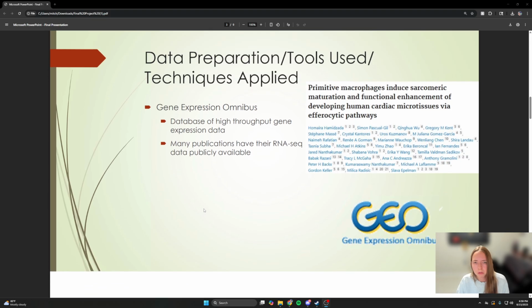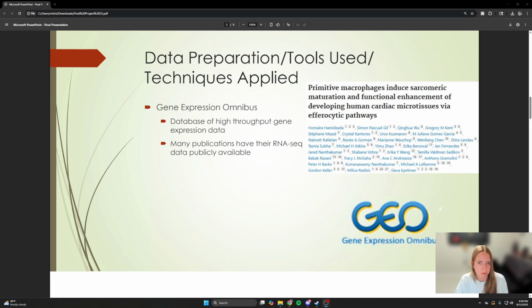So some of the tools used, first of all, there was a paper published that had publicly available RNA sequencing data, and it was all published on the Gene Expression Omnibus, which is a website that has lots of high throughput gene expression data.